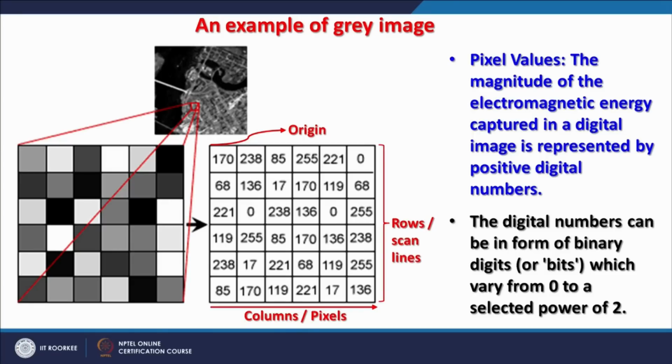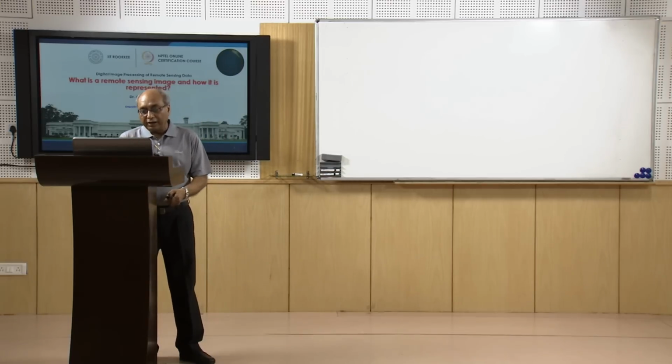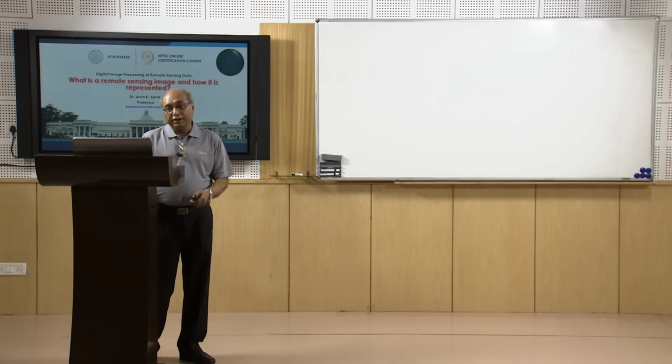But overall, there are different types of raster in which the cell value, not pixel, the pixel value has to be always a positive integer value, but the cell value in other rasters like a digital elevation model can be negative or positive, integer or real value.